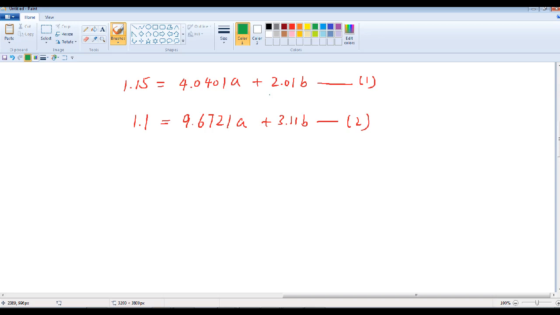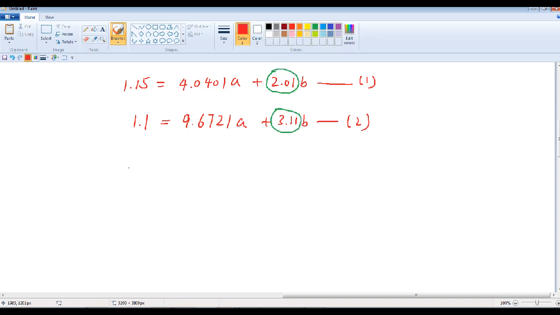How could we do that? You might consider multiplying equation 1 by 3.11, which is the number in front of b in equation 2, and multiplying equation number 2 by minus 2.01. So the key is these two numbers.